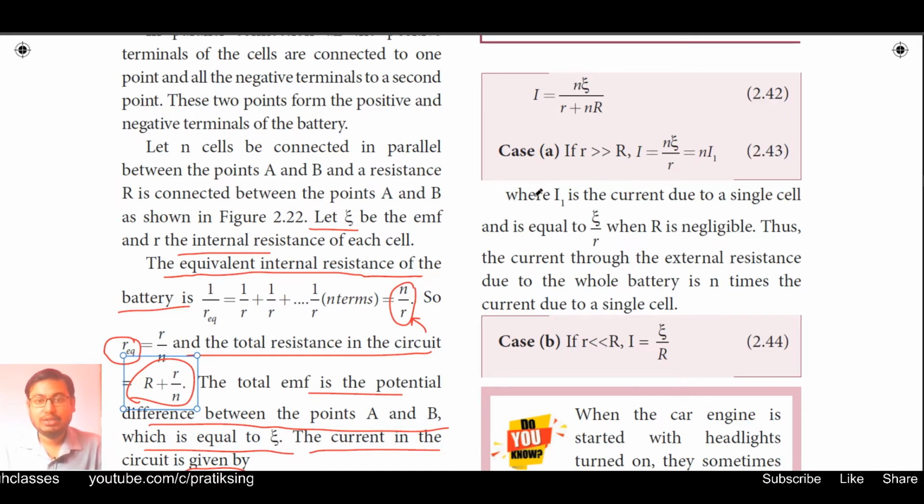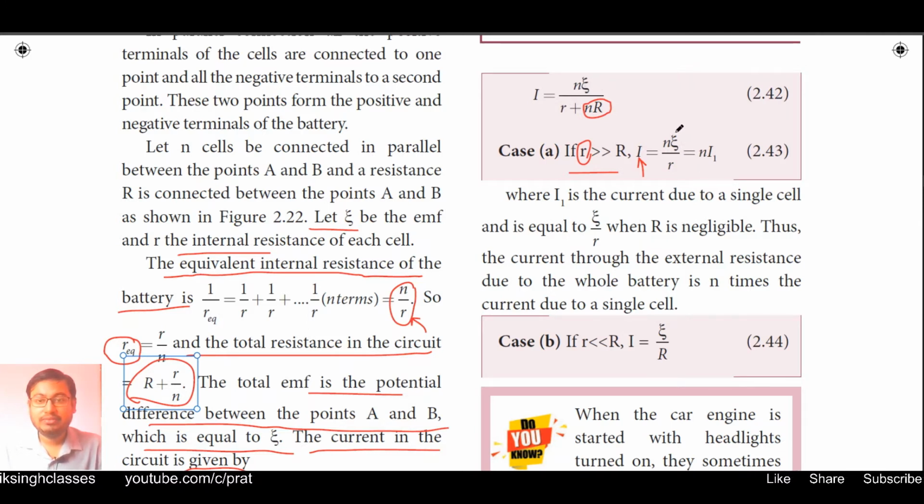Now there are two cases. Suppose the internal resistance is far bigger than the external resistance, then the current in the circuit I is equal to n Xi by r. What really happens there is, because small r is far bigger than capital R, we can neglect this term in equation 2.42, and then we have I is equal to n Xi by r.